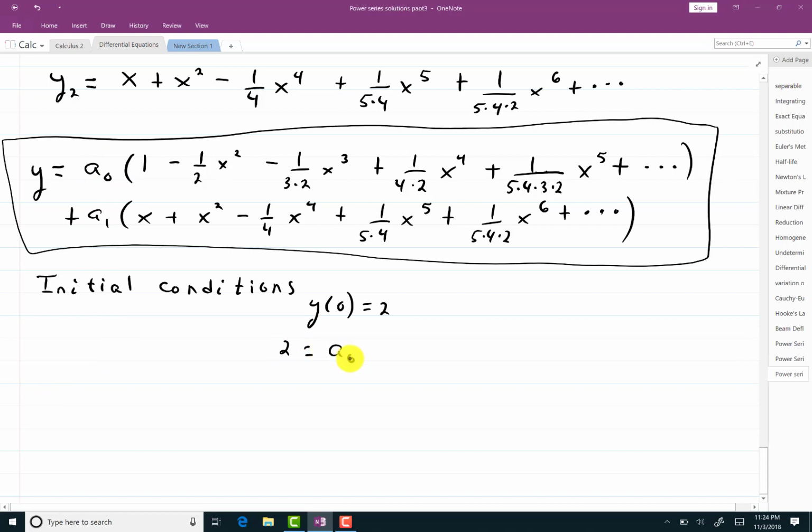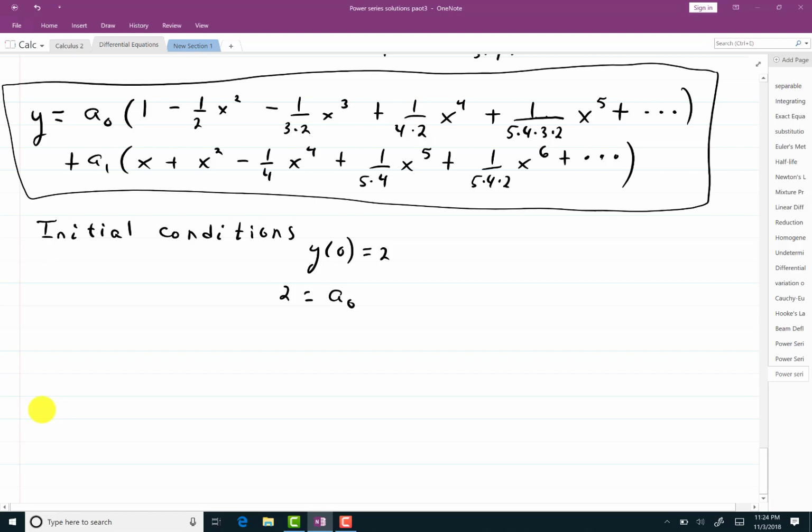Well, that's nice. Now, on the other hand, we had y prime of 0 equals -1. Notice this a sub 0 is equal to 2. So y prime is going to equal the 2 that's out there. When I take the derivative, then I'll get -1 or x. I don't care about any of the other stuff because everything is in terms of x.